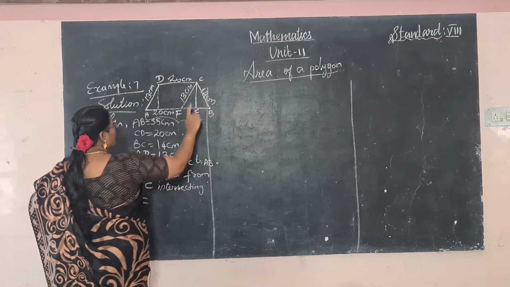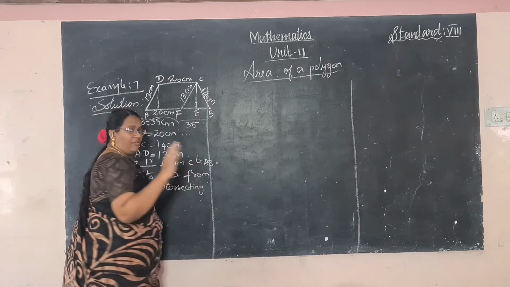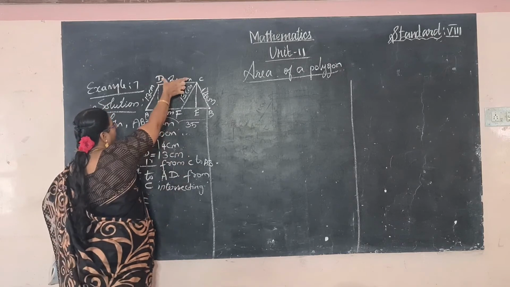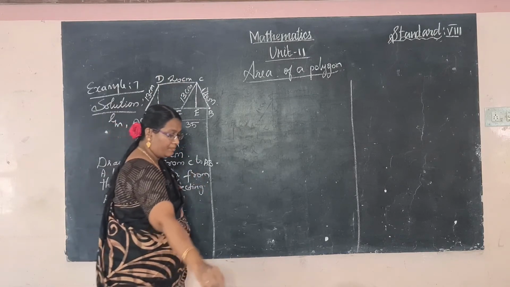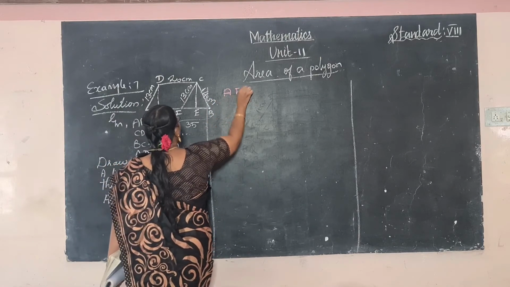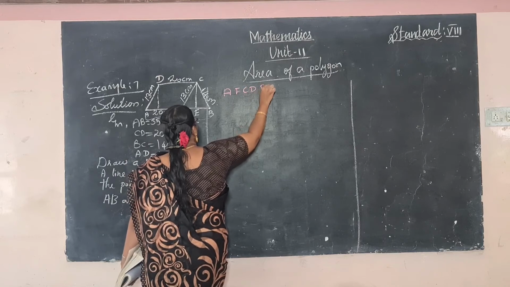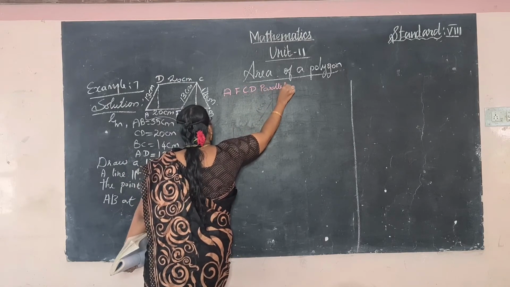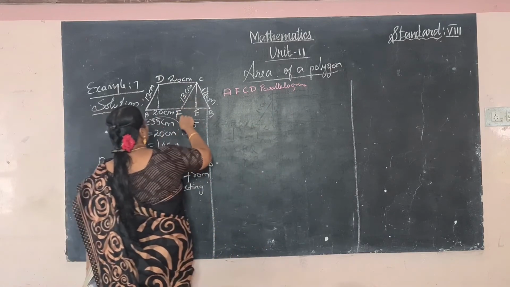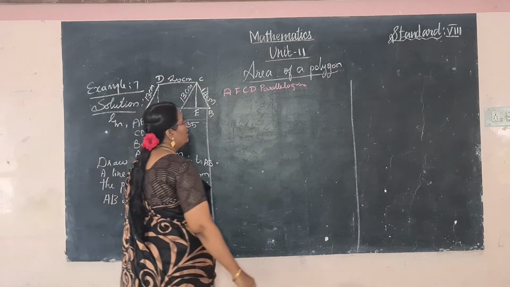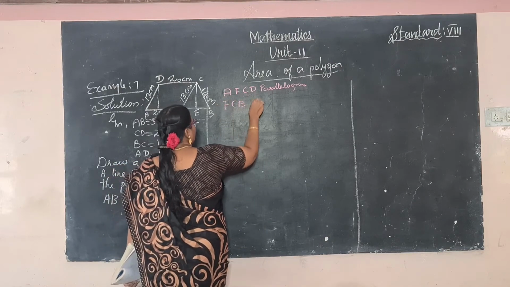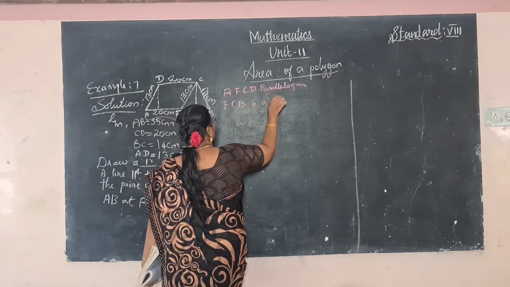Here, what are the values we know? Here we have two types of shapes. One is the parallelogram AFCD. And the next one, FCB, is a triangle.